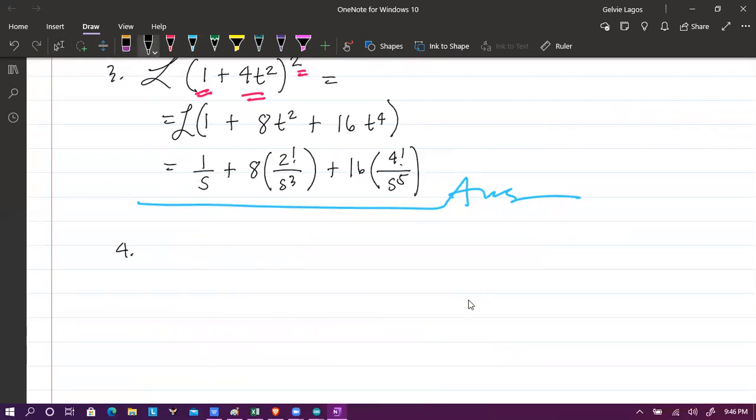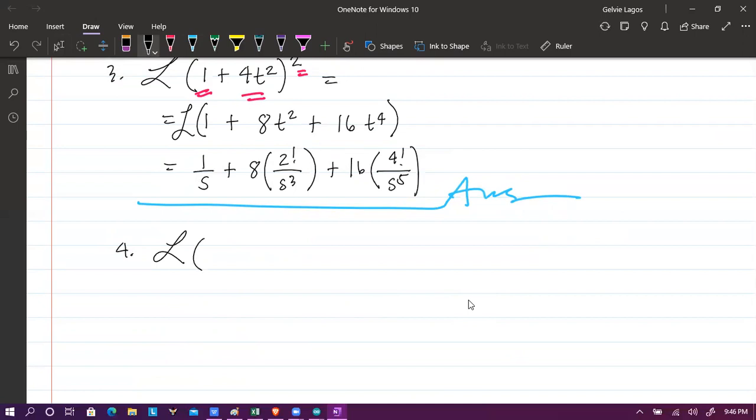Let's have another one. This time let's try a trigonometric function. Before the trigonometric function, let's have the exponential function first. We can do the combination of both.